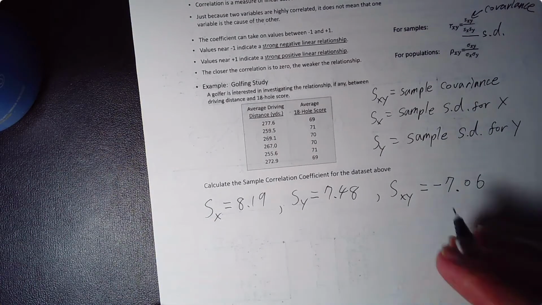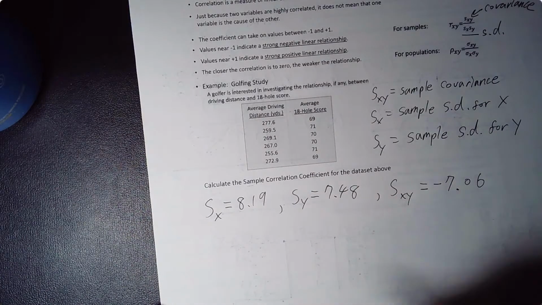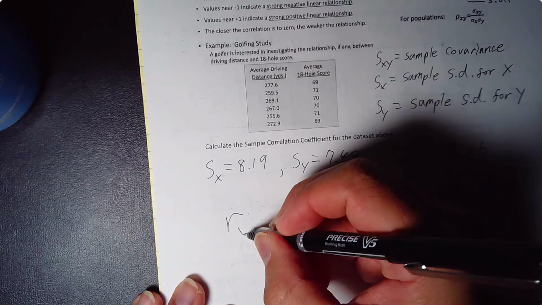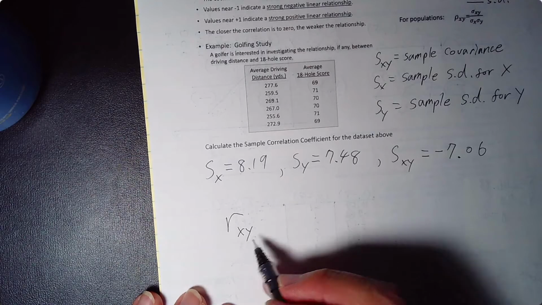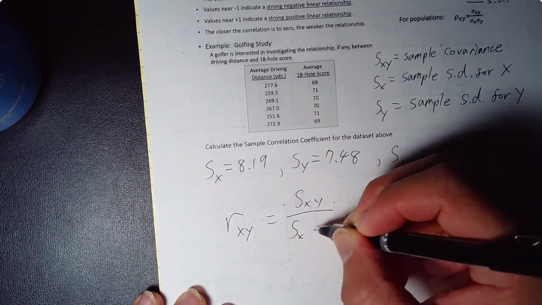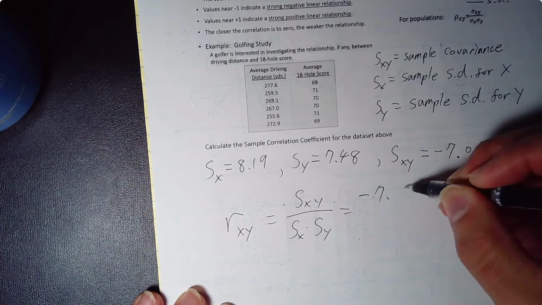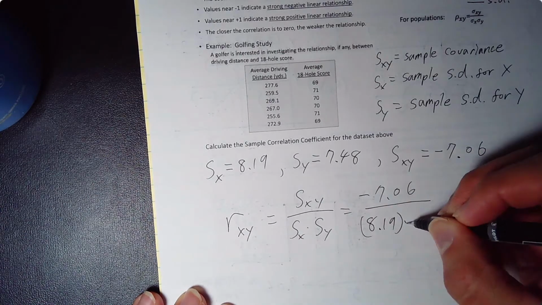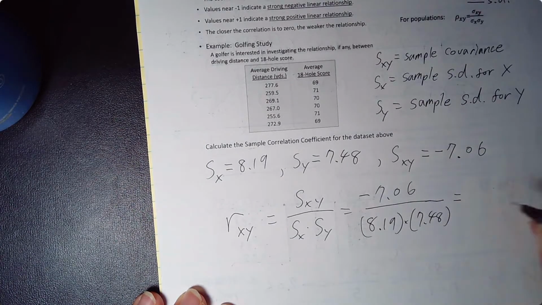Now we can calculate the sample correlation coefficient, indicated with the letter R. R of xy, again indicating which variables you are talking about, is S of xy over S of x times S of y. Plug it in: negative 7.06 over 8.19 times 7.48. Put that in your calculator.